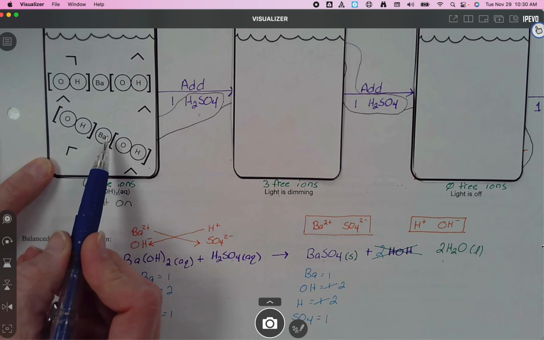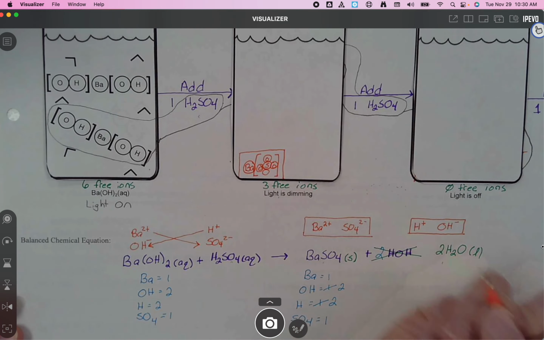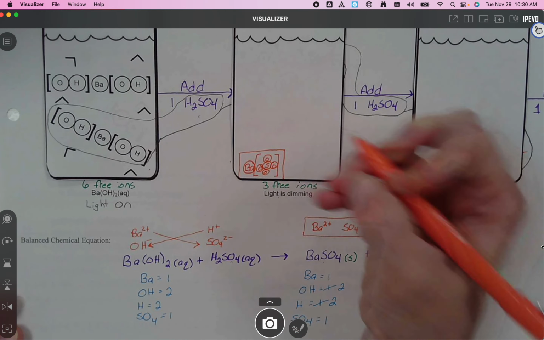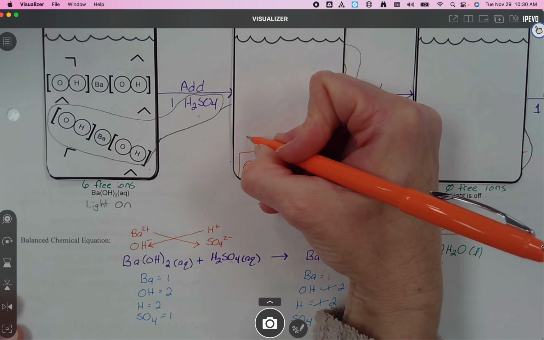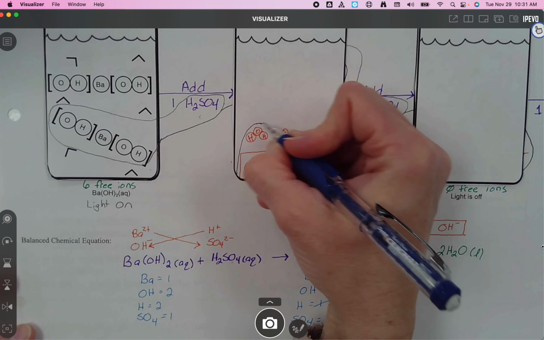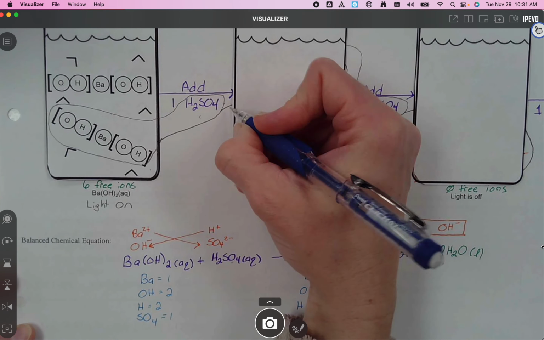And that's our white solid. Now we make two water molecules. So here's my first batch of reaction.